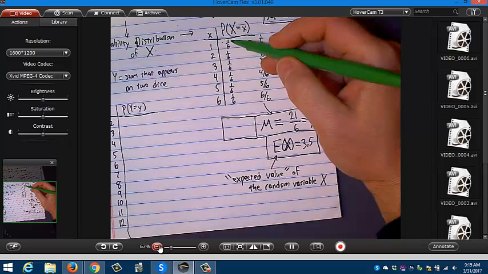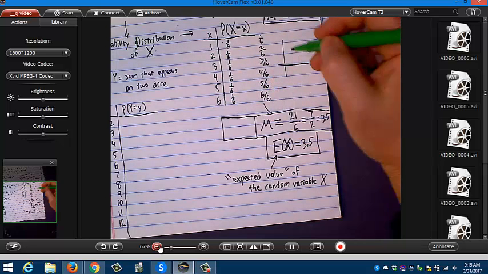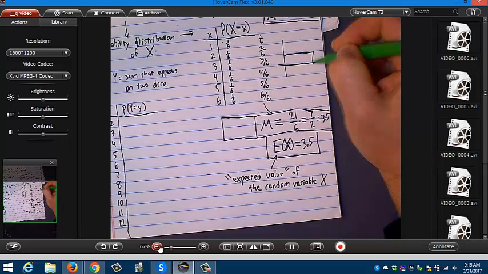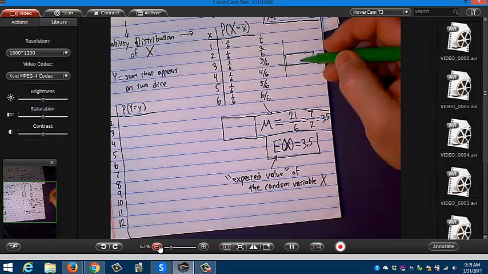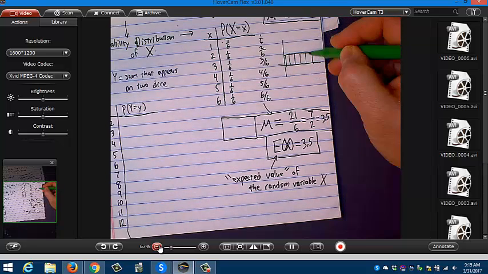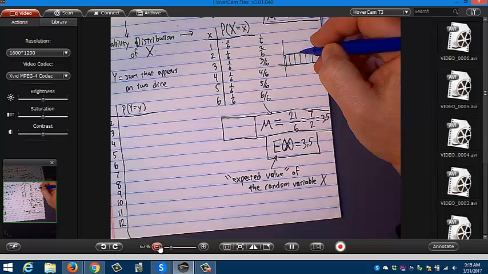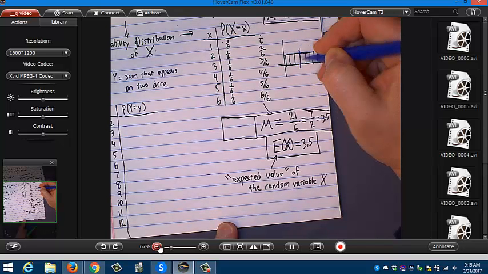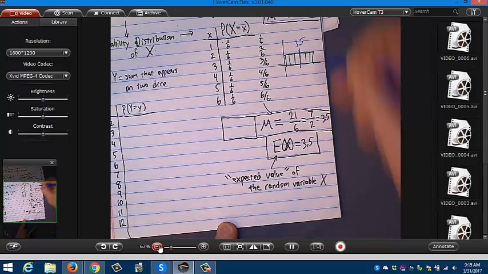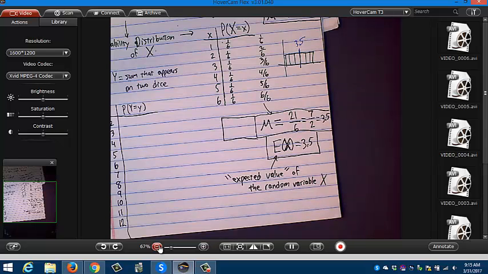Well, all the probabilities are 1/6, right? So it would look like this. I mean, they're all equally likely. Where's the center of that distribution? Well, it's not really at 3 and it's not really at 4. It's really at 3.5. And that is what we just computed. Are you with me? Okay.